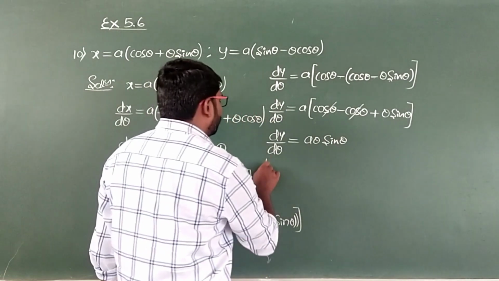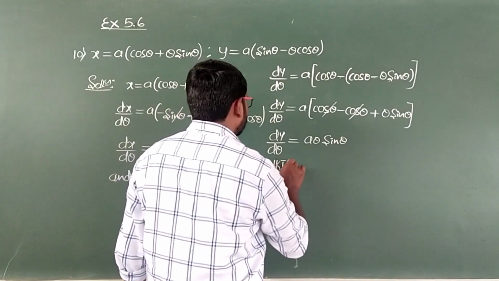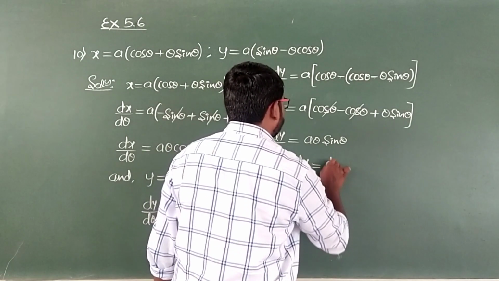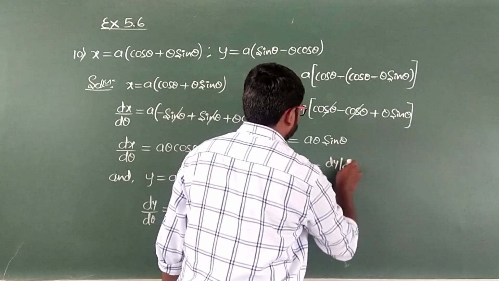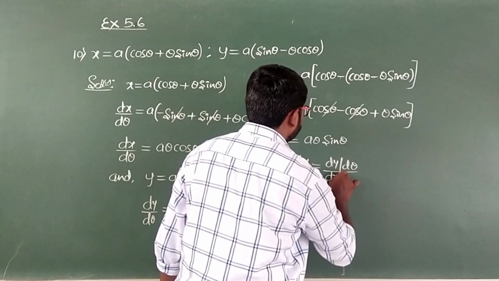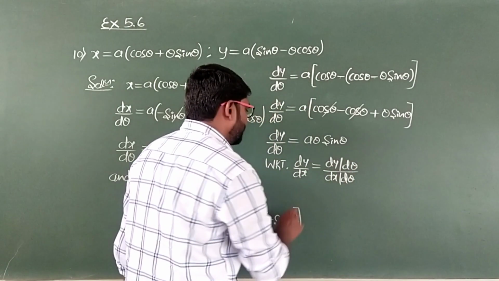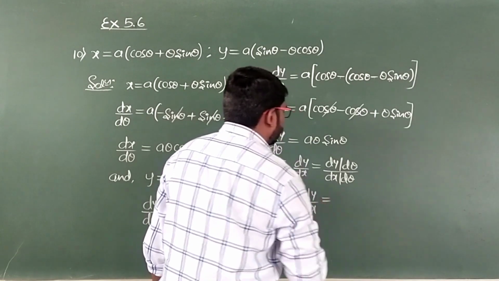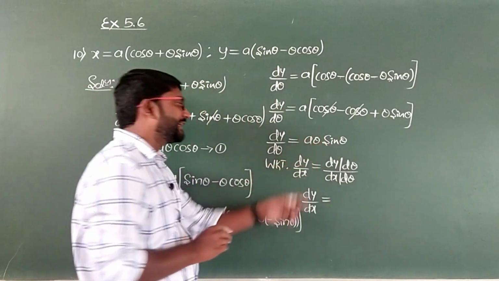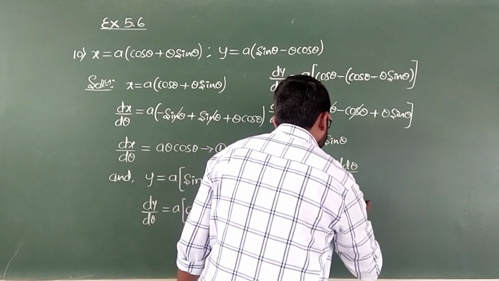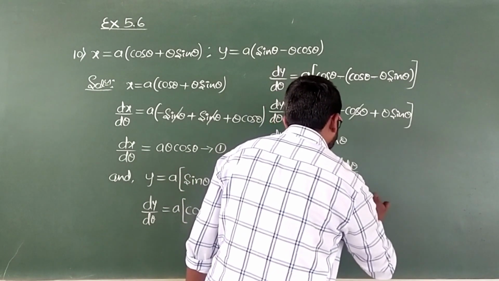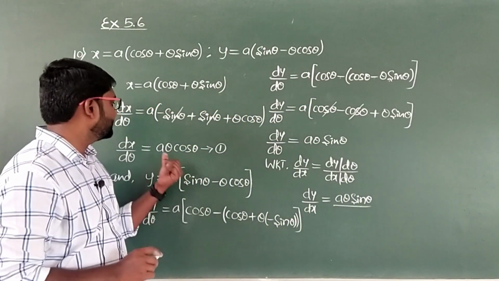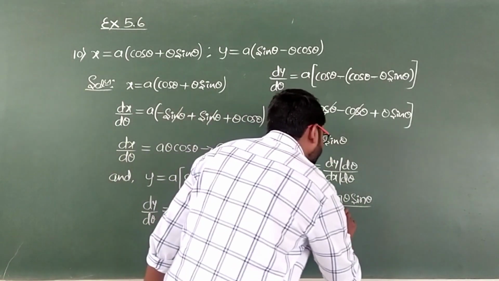Now we know that dy by dx equals dy by d theta divided by dx by d theta. So dy by dx equals a theta sin theta divided by dx by d theta, which is a theta cos theta.